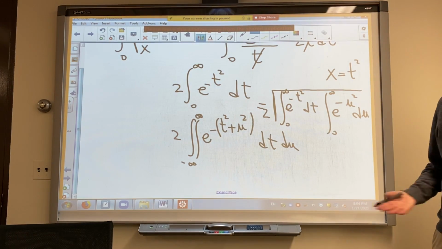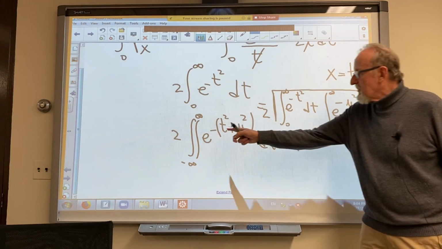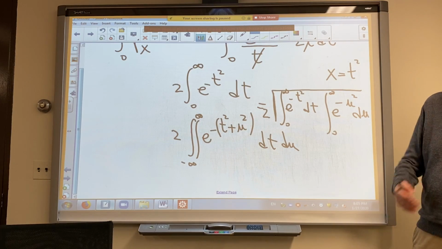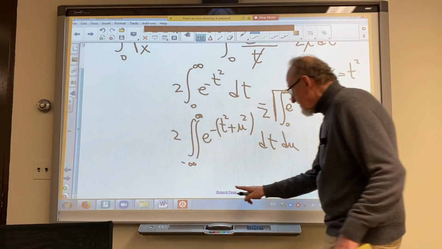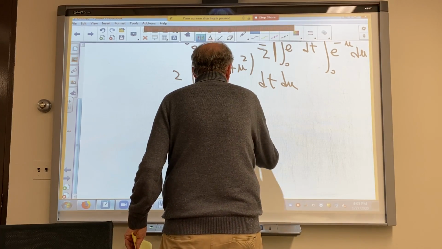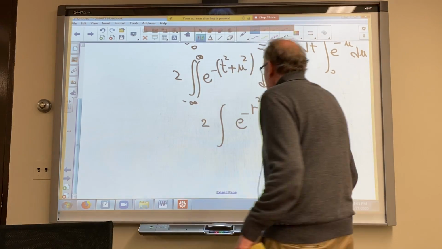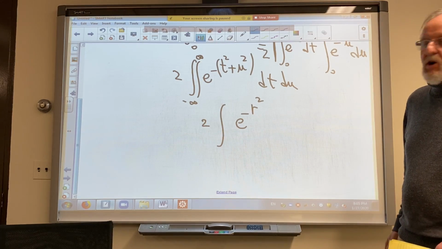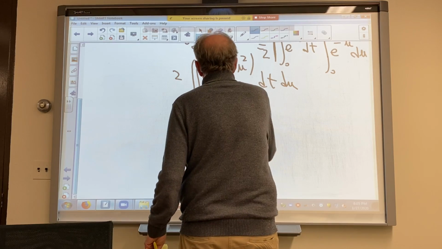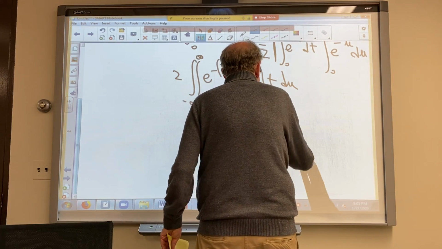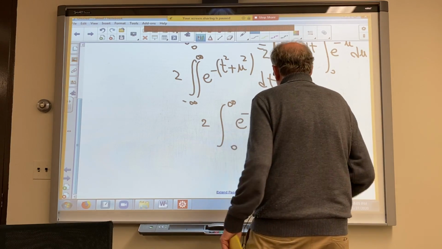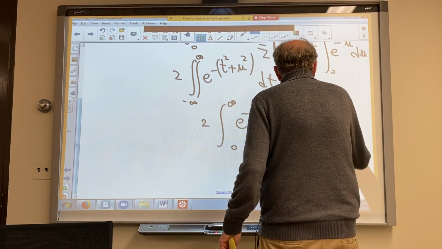So this is an integral over the whole plane of the function e to the minus x squared plus y squared, which, go to polar coordinates, obviously, is the integral of e to the minus r squared, integrated from 0 to infinity dr and from 0 to 2 pi r d theta.